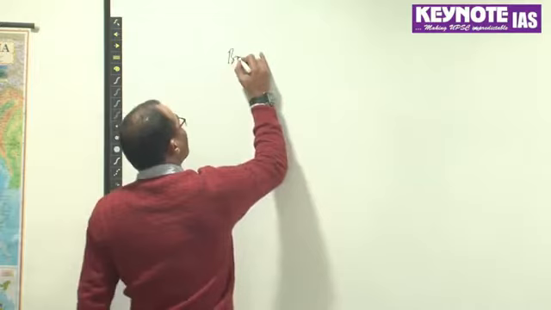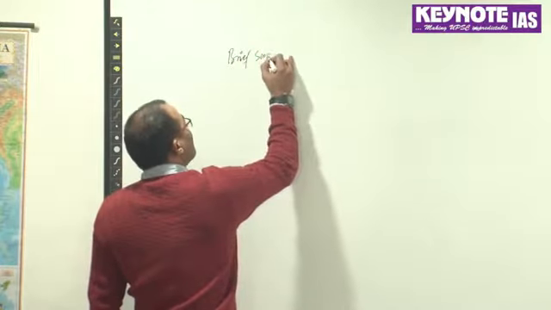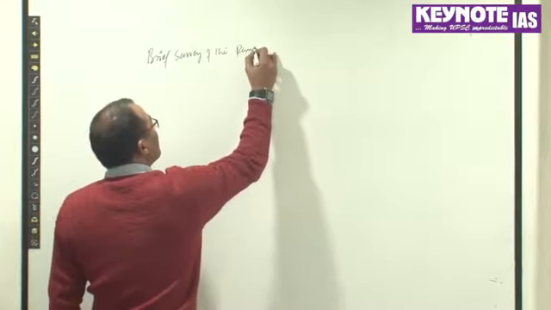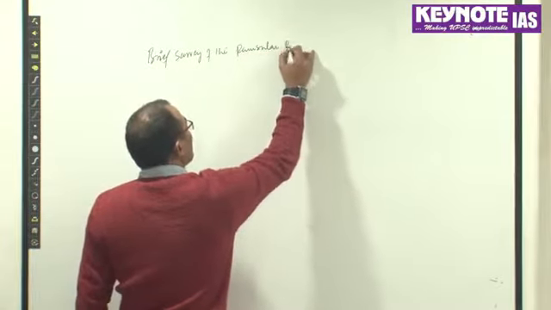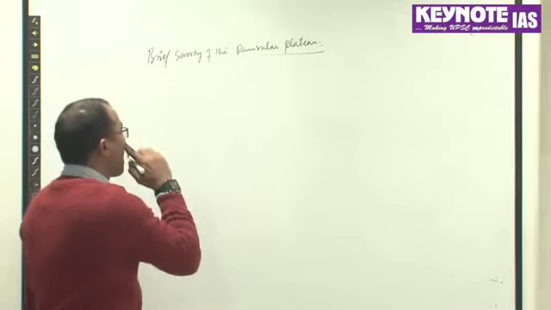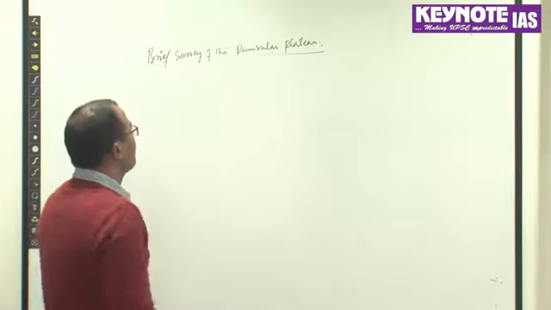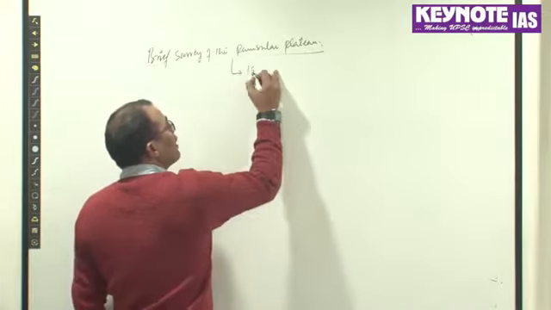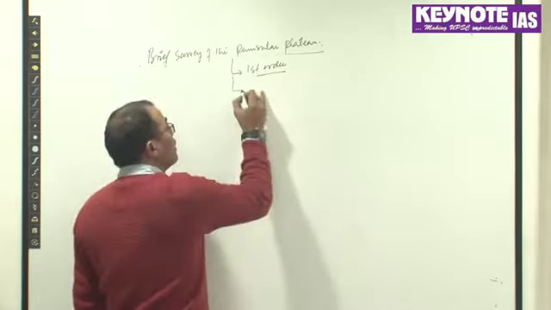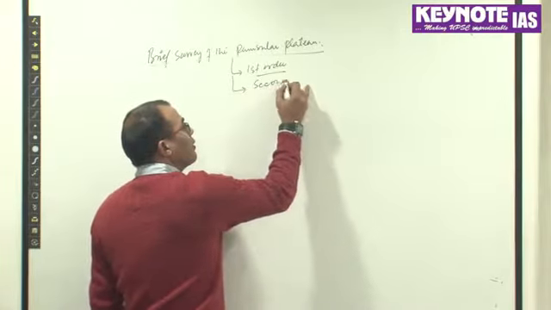Now a brief survey of the peninsular plateau. We can correlate it with first order will be the entire peninsular plateau. Second order.